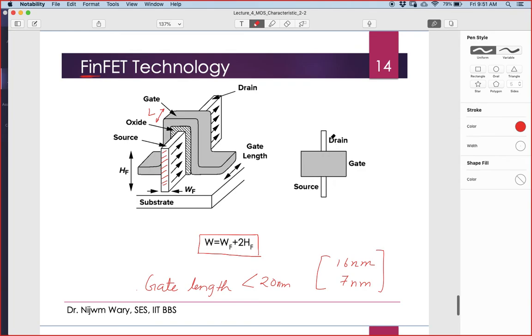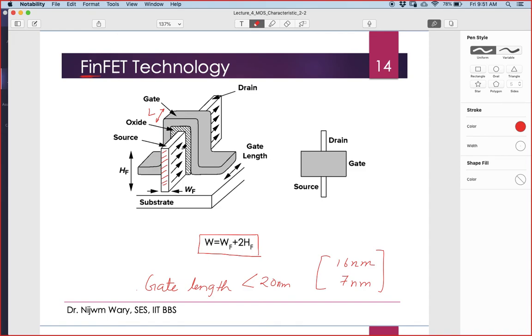So this is how it looks basically. This is my drain and the source, and there will be this gate, and because of this, there are a lot of other things. They go for some kind of discrete widths, because the W is fixed.